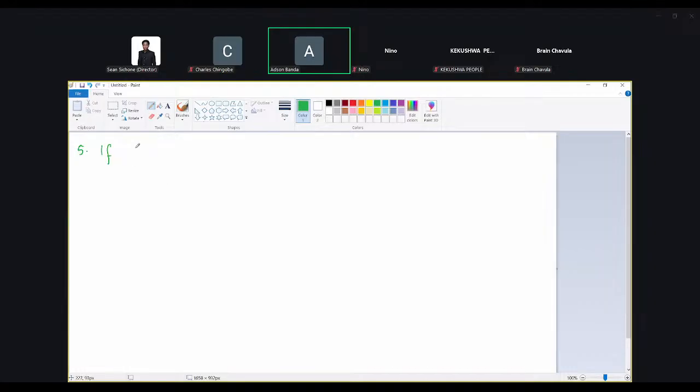If sine theta is equal to 3/5 and the cosine of theta is less than 0, let's find the values of the other trigonometric functions.